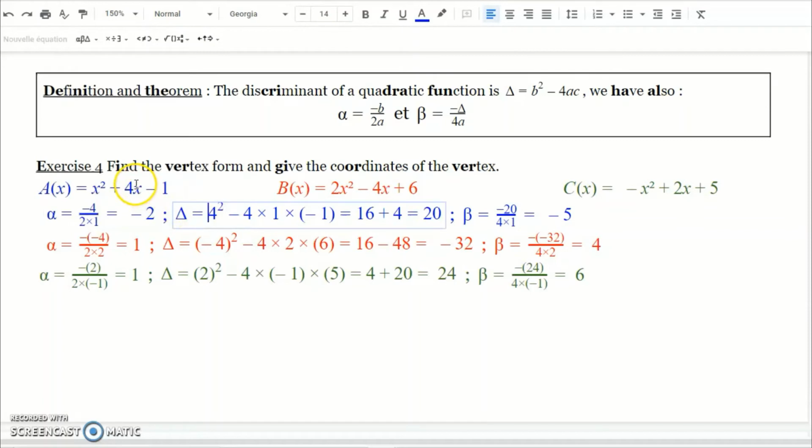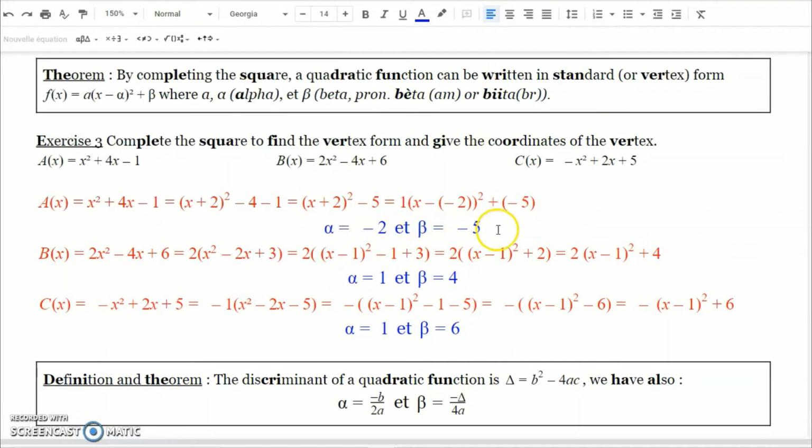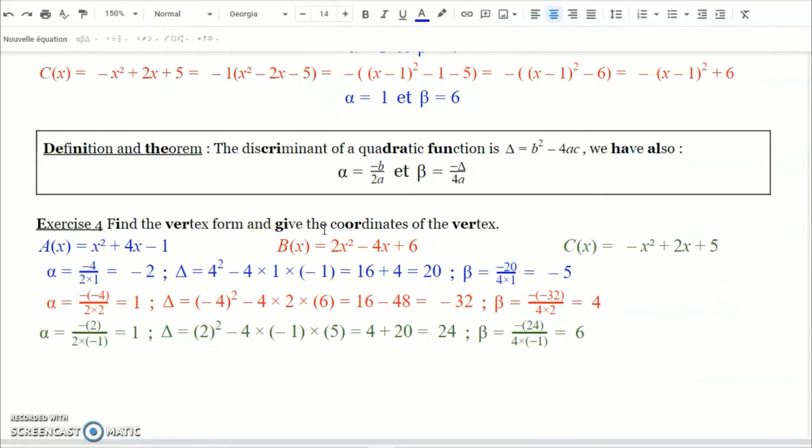Delta is b squared, 4 squared, minus 4 times a, which is 1, times c, which is negative 1. And we get delta is equal to 16 plus 4, which is 20. And beta is equal to minus delta, minus 20, over 4 times a, which is 1. So beta is equal to minus 5, as we found here.